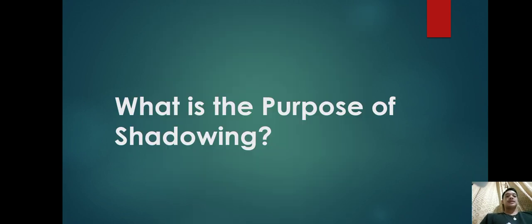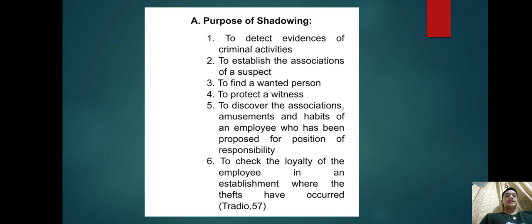What is the purpose of shadowing? Number 1, to detect evidences of criminal activities. Number 2, to establish the associations of a subject. Number 3, to find a wanted person. Number 4, to protect a witness.